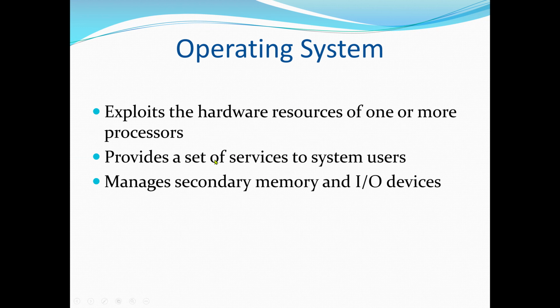So here we can say that the main goal of an operating system is to manage and control the computer hardware resources. That's the only software that interacts with the computer hardware.